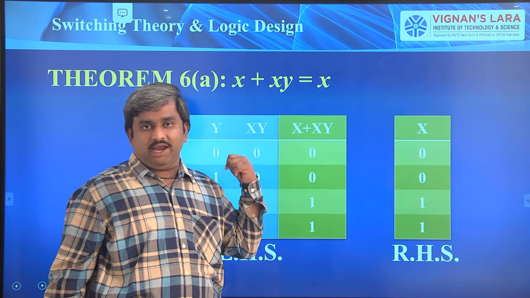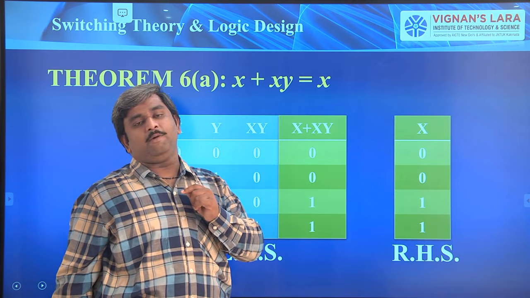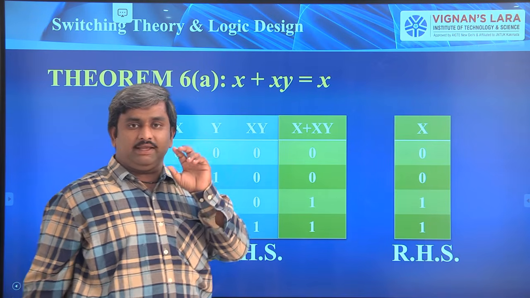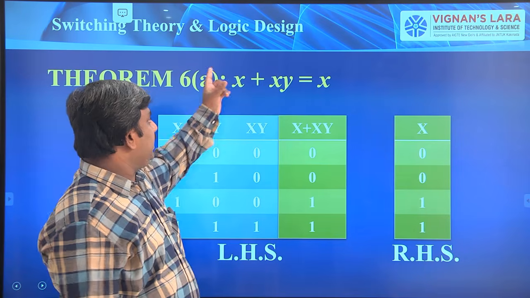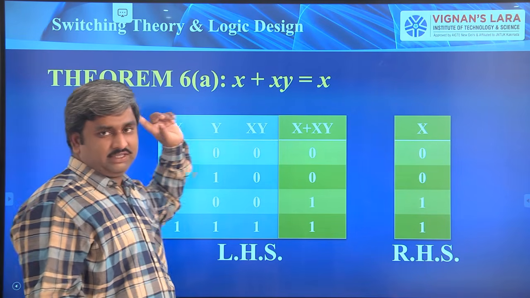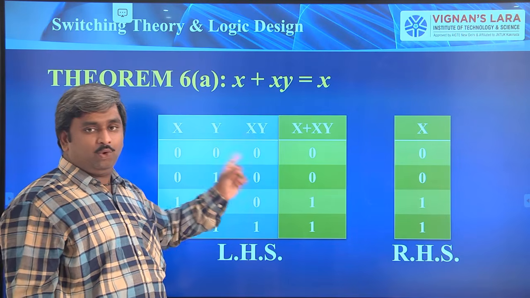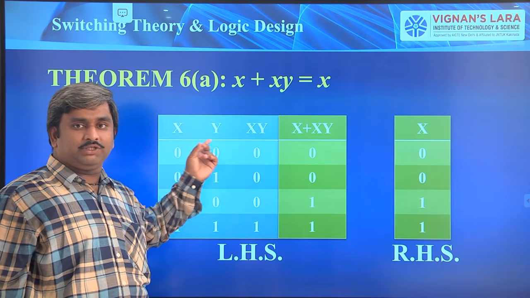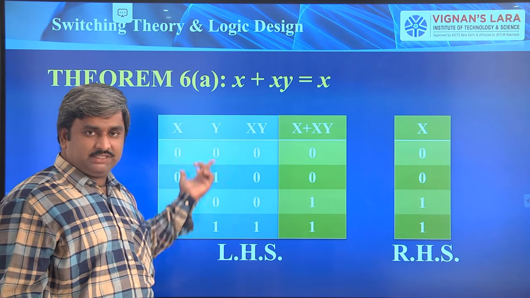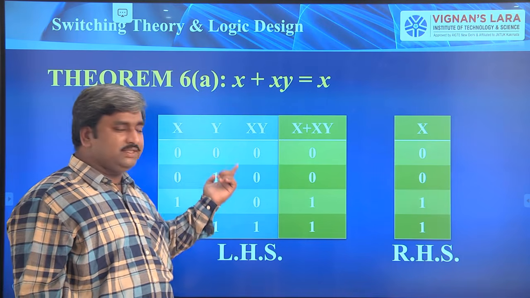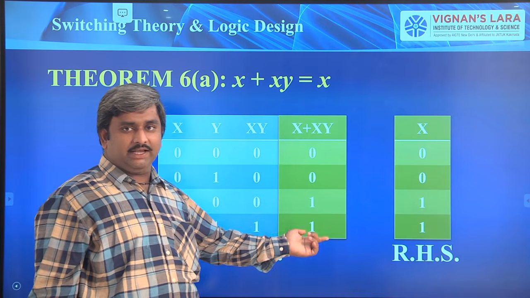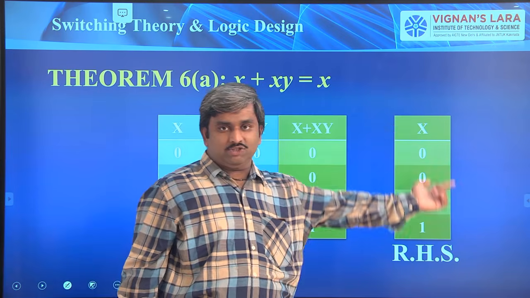In the last slide, we took the help of postulates. By taking the postulates, we proved that LHS is equal to RHS for the same theorem 6A. In this slide, we are proving it using the maximum possible combinations of zeros and ones represented here. From these zeros and ones inputs, we have represented the x plus xy operation and the x operation.